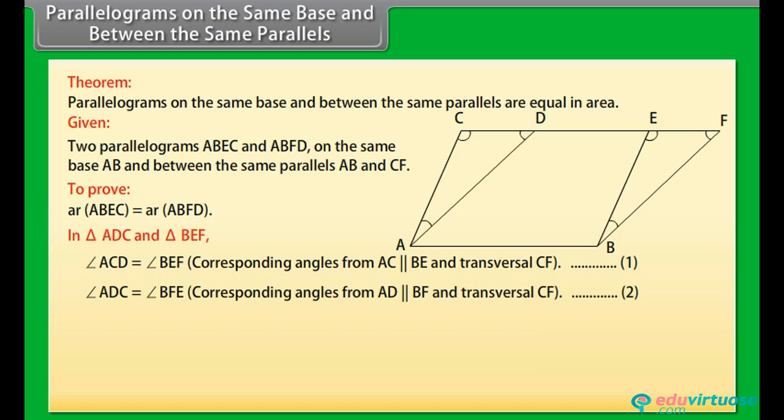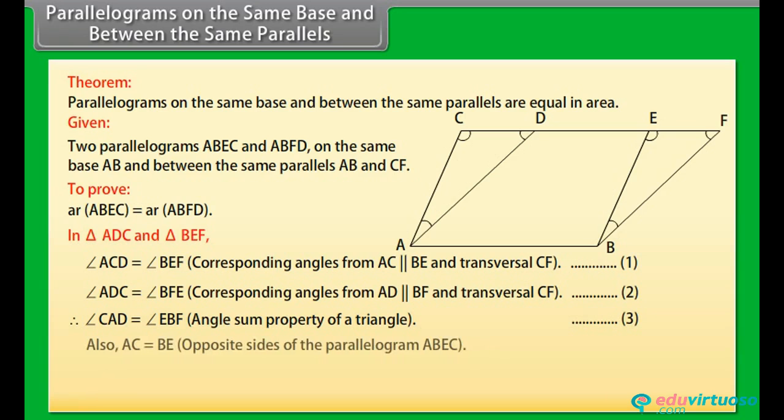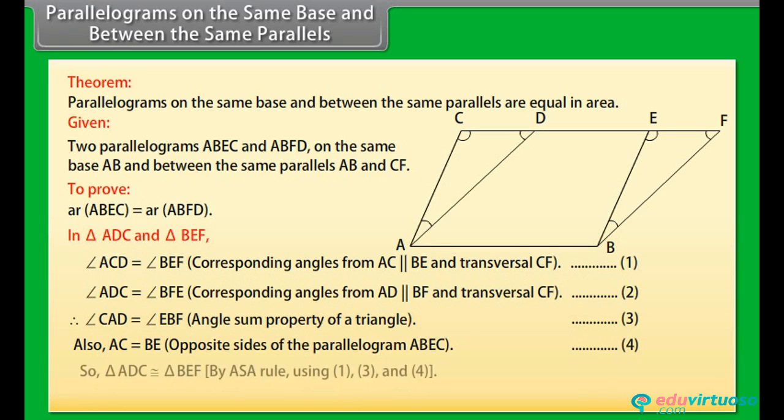Mark it as 2. Therefore, angle CAD is equal to angle EBF, by the angle sum property of a triangle. Mark it as 3. Also, AC is equal to BE, opposite sides of the parallelogram ABEC. Mark it as 4. So, triangle ADC is congruent to triangle BEF by ASA rule using 1, 3 and 4.